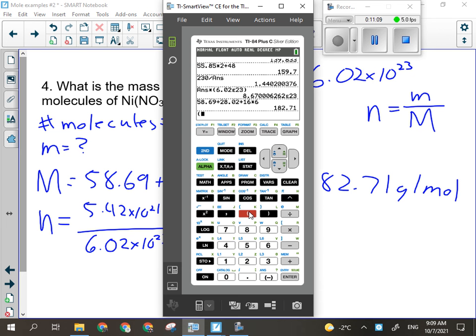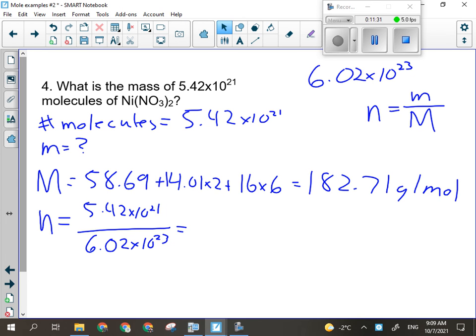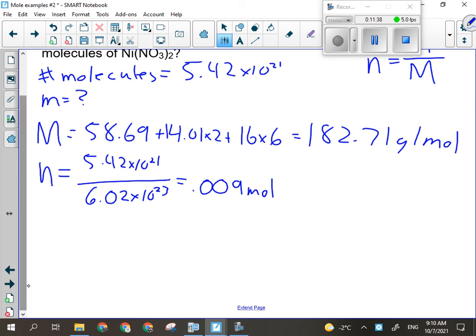So in brackets, 5.42 times 10 to the 21 divided by 6.02 times 10 to the 23. It's a very small number of moles, which is what we said: 0.009 moles.